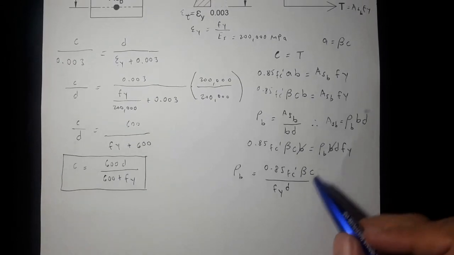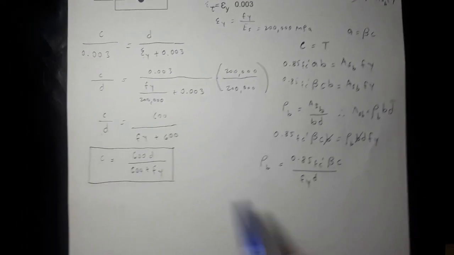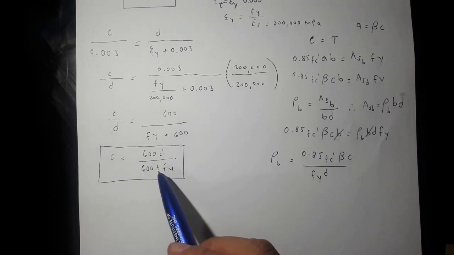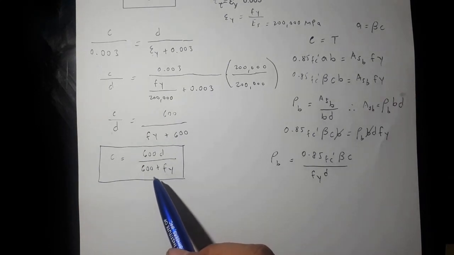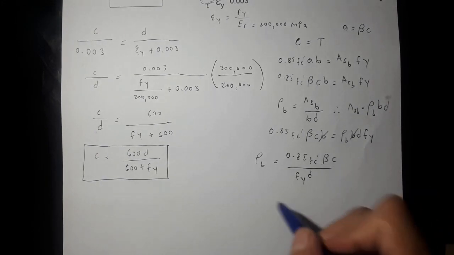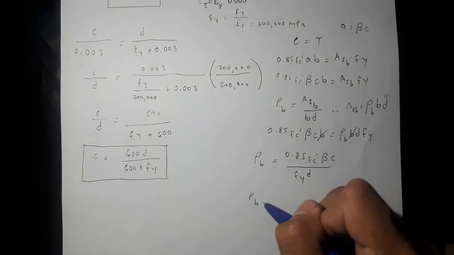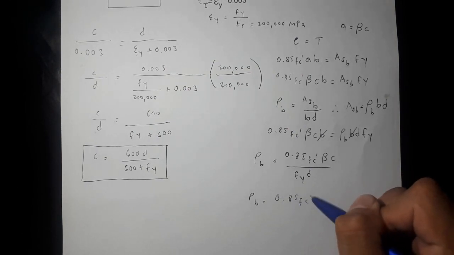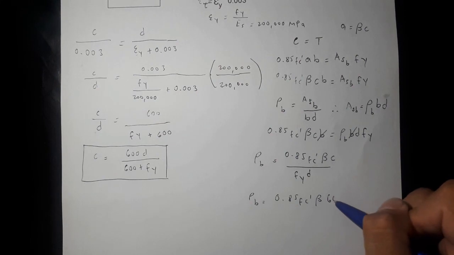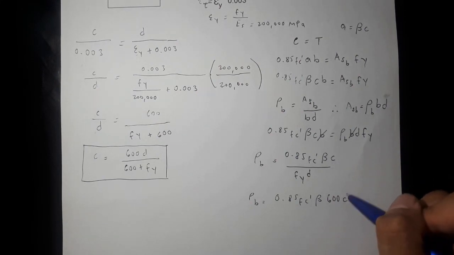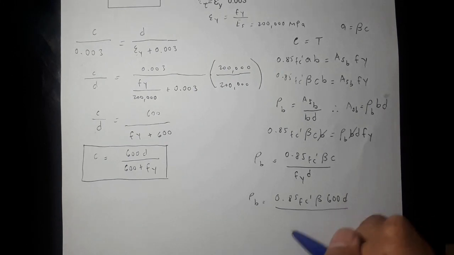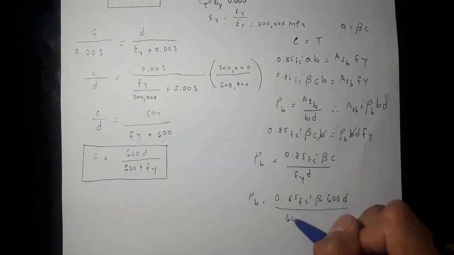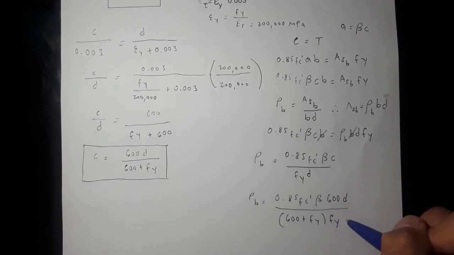So, di ba kanina, yung C natin is ito, 600D over 600 plus Fy. So, substitute natin. So, magiging raw balance is equal to 0.85 Fc prime beta multiplied by 600D over 600 plus Fy multiplied by FyD.